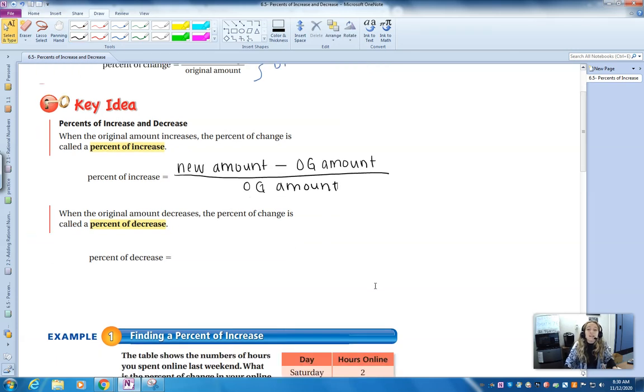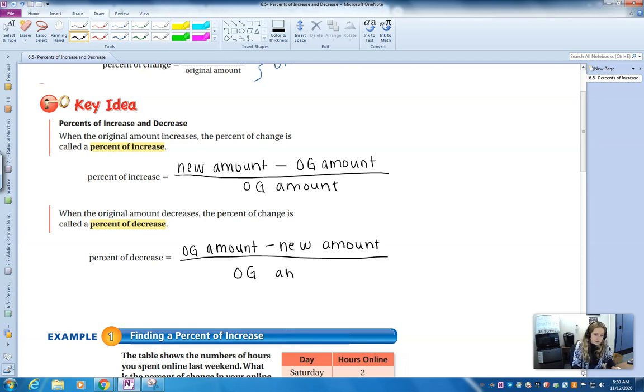Then percent of decrease, you can probably guess, is just going to be the opposite. Percent of decrease is when it is decreasing, so the original amount is bigger than the new amount. This formula is going to be the original amount minus the new amount, all over the original amount.